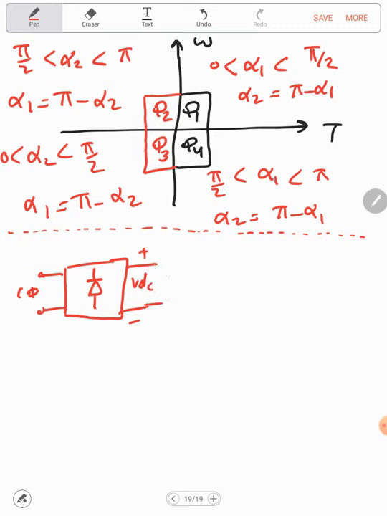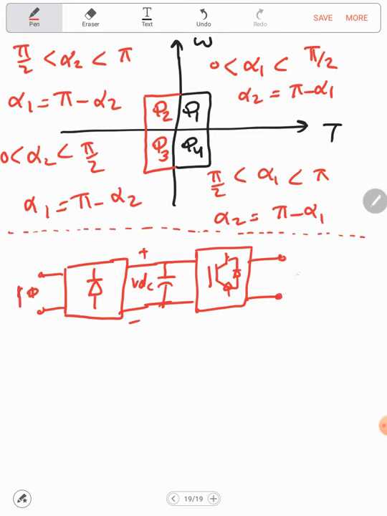Now this one has a ripple, that's why here we'll use a filter in order to regulate and maintain the DC to be fixed, and after that we'll use the chopper in order to control the DC value.